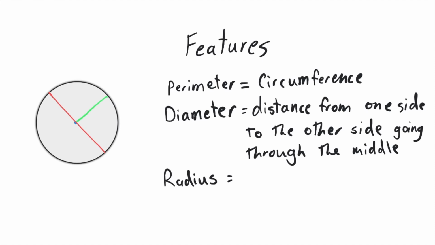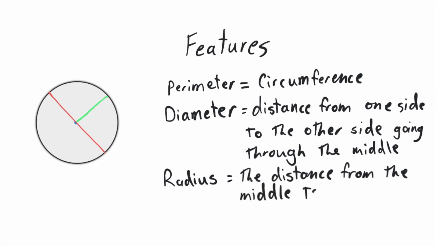So the radius, if we were to define this and write it down, we'll say the distance from the middle to the outside. As always, if you need to pause the video to write these definitions down, definitely do that so you've got something to refer back to. From here, we're going to move on with calculating the circumference now, because it's not perimeter, it's circumference. So let's crack on.